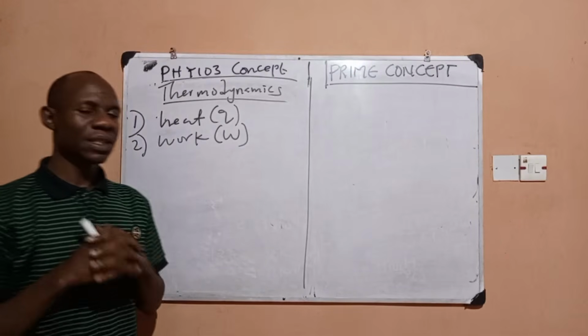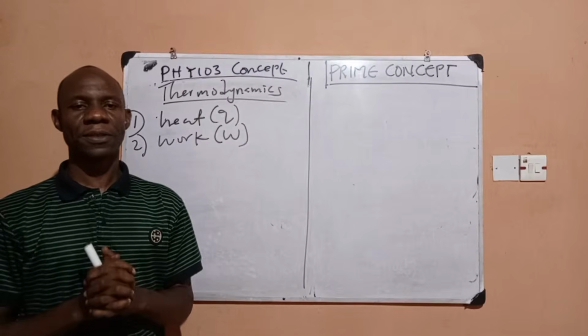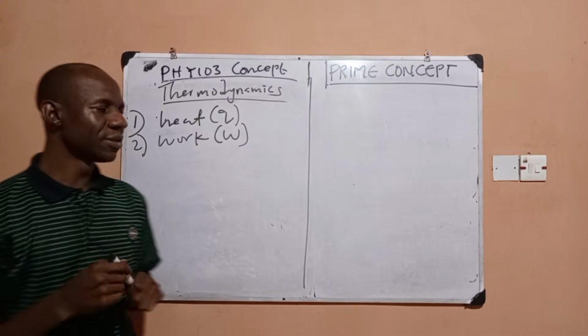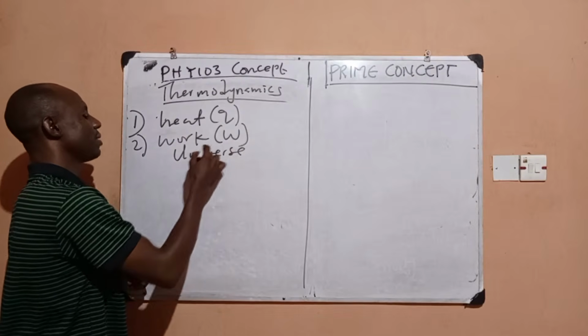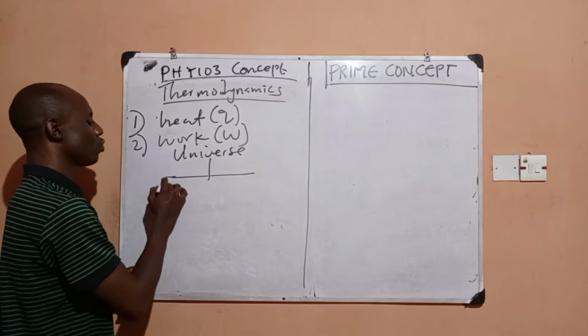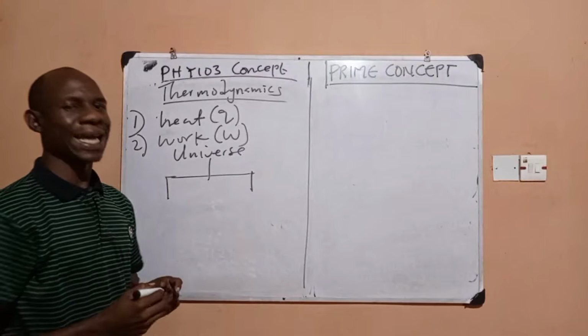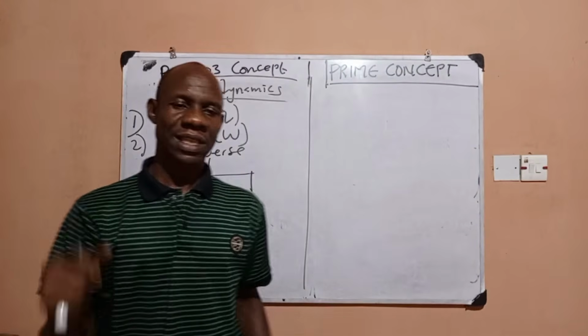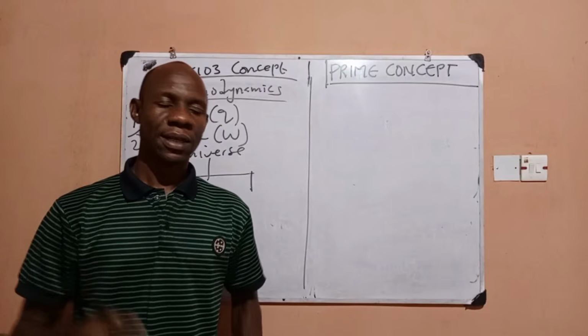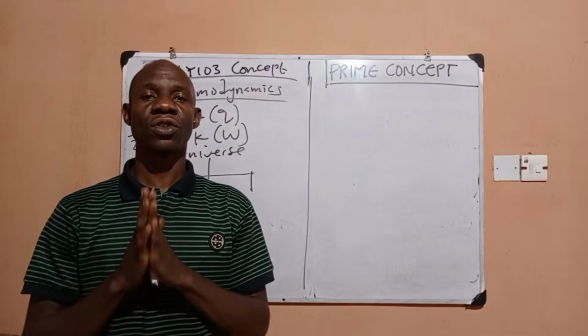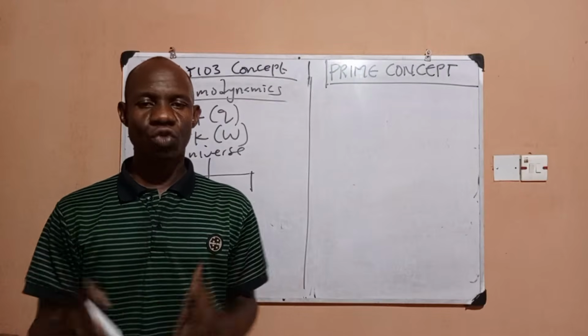Now, in the study of thermodynamics, we usually divide the universe into two parts. Remember, anywhere you are trying to carry out an experiment under heat, that environment becomes your universe. I'm in this room now.